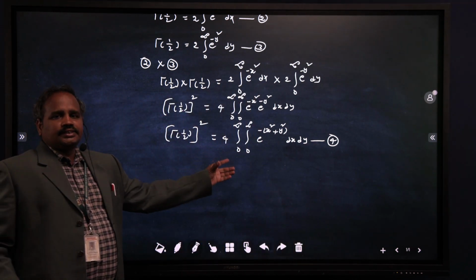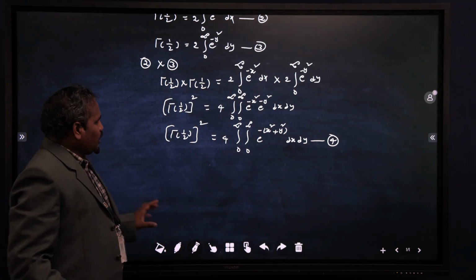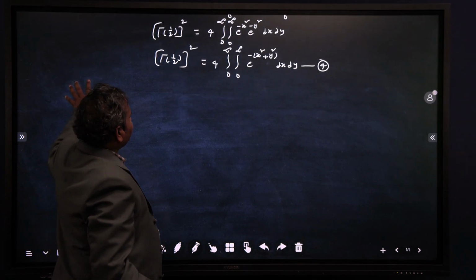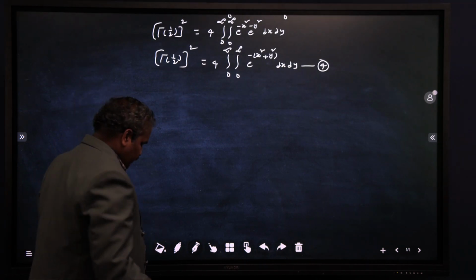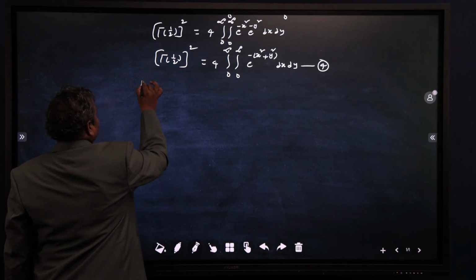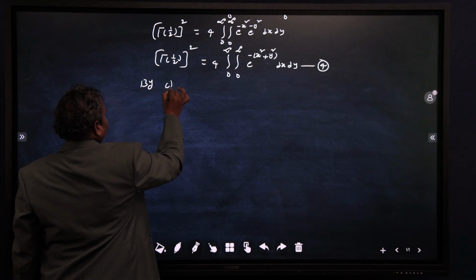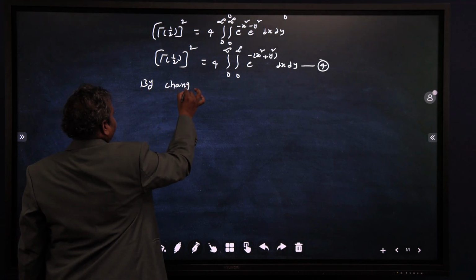And here it is a double integral. Now we are converting this double integral into polar coordinates.